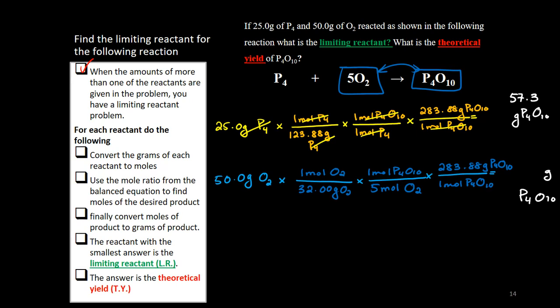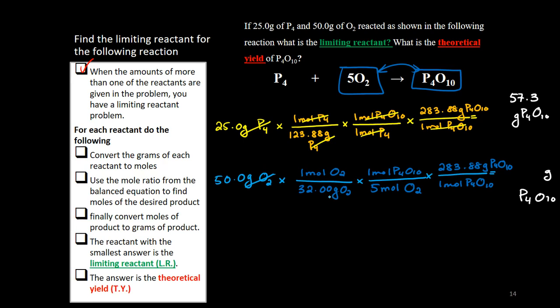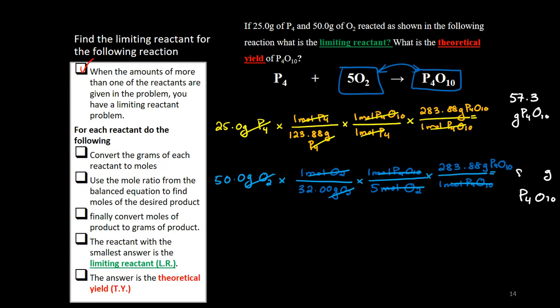Now let's cancel out the units that need to cancel out and then get the correct answer. Grams of O2 cancel out, moles of O2 cancel out, moles of P4O10 cancel out. 50 grams divided by 32 times 1 divided by 5 times 283.88 gives me 88.7 grams of P4O10.